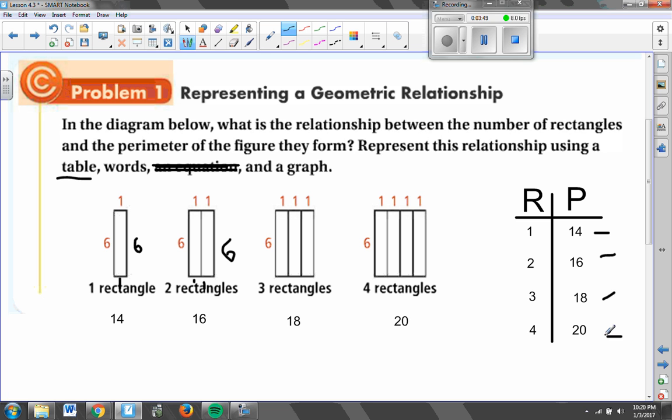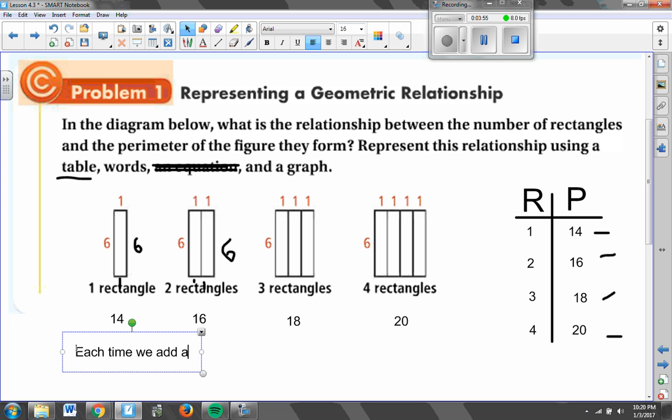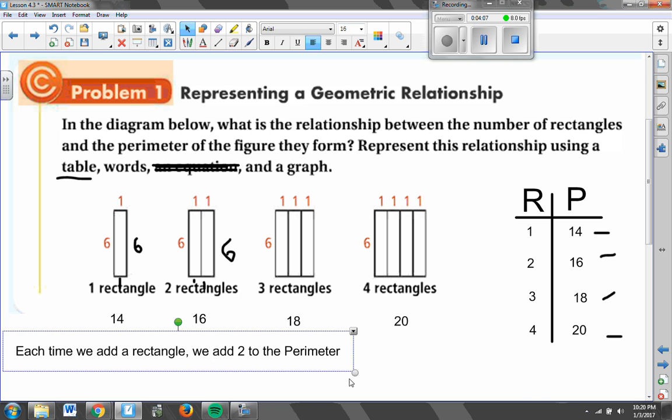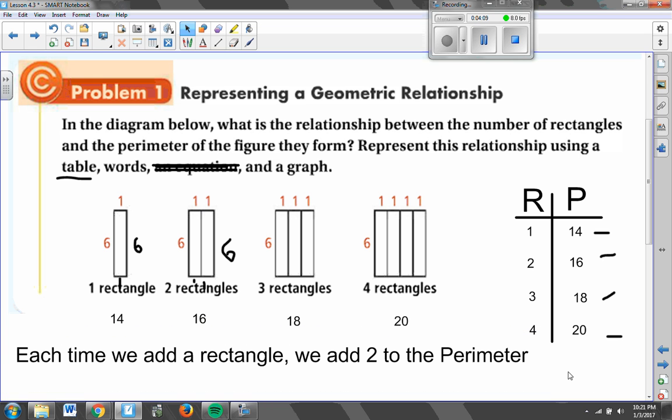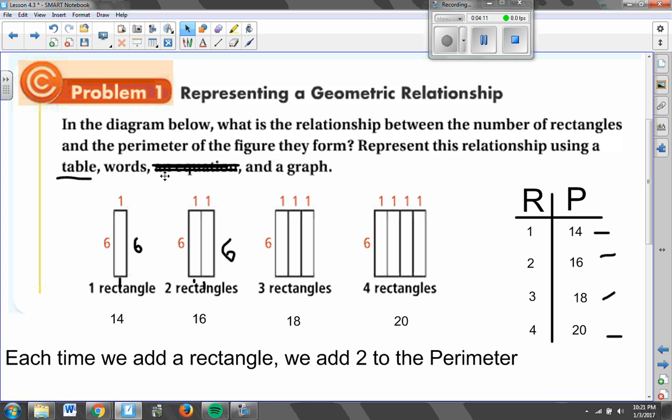What I hope we can see is that each time we add a rectangle, we add 2 to the perimeter. So that's the words piece of this description.